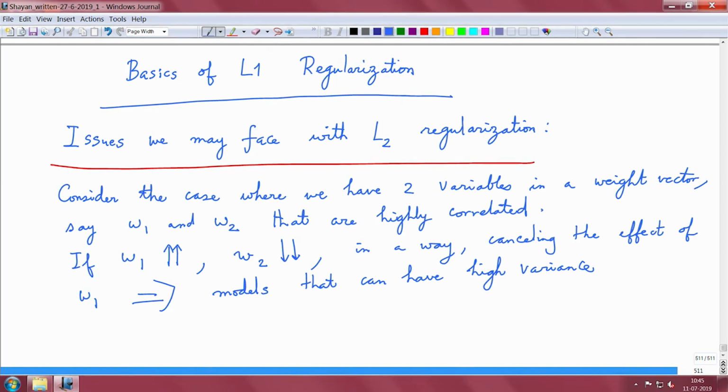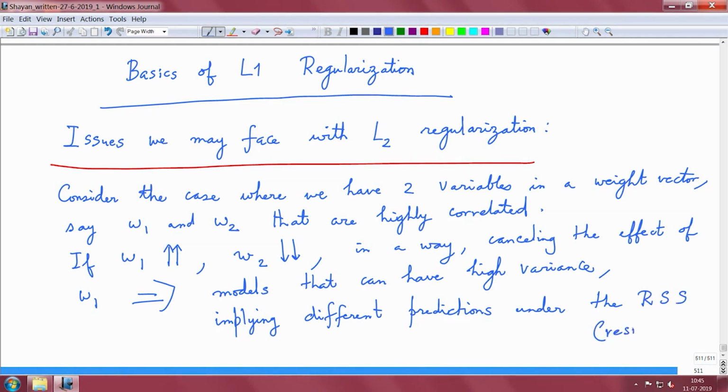The models can have high variance, which means we can have different predictions under the residual square sum metric, the RSS metric, which is residual square sum.